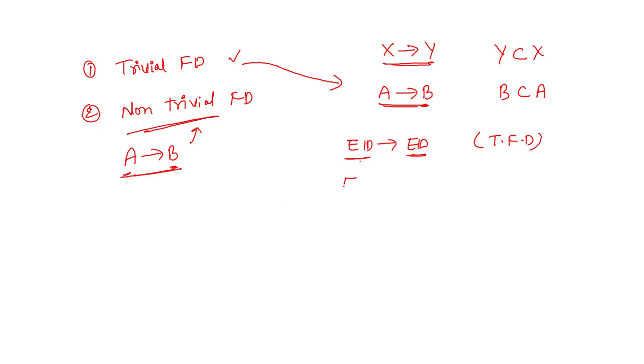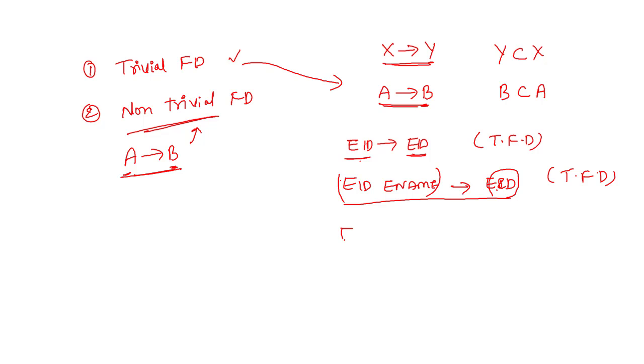For example, employee ID and employee name can determine employee ID. If I have a functional dependency like this, then also you can see the right hand side EID is a subset of EID and ename. So this is also a trivial functional dependency.